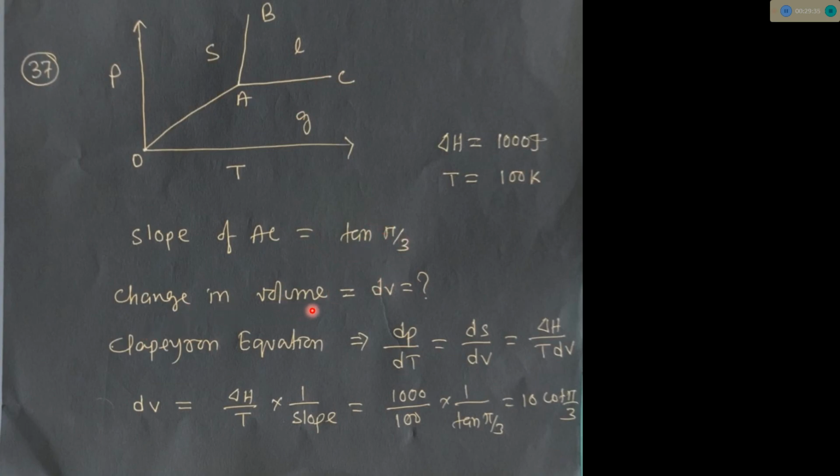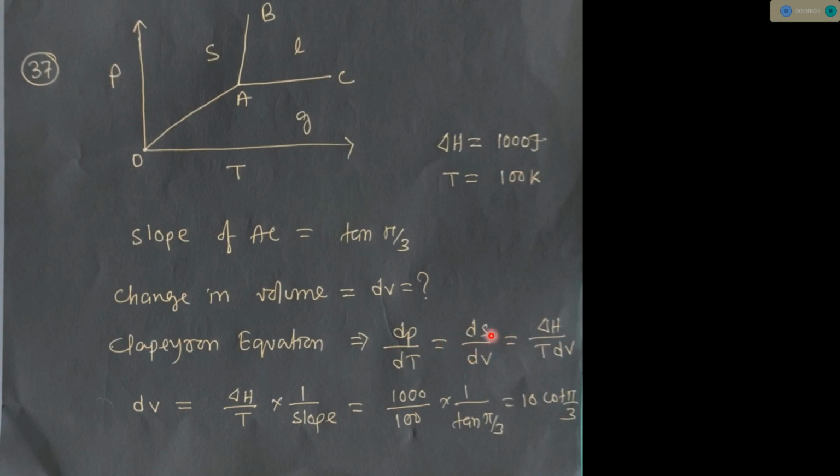Now we have to find the change in volume, dV. From the Clapeyron equation, we know dP/dT equals dS/dV. This is a P versus T plot, so in this plot, any straight line has slope dP/dT. So dP/dT equals dS/dV.